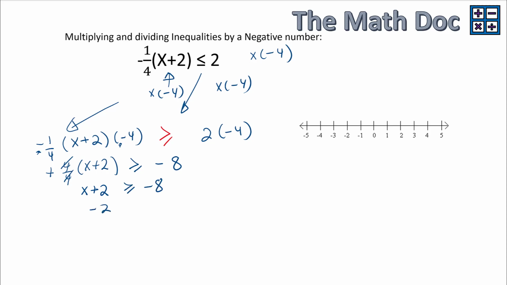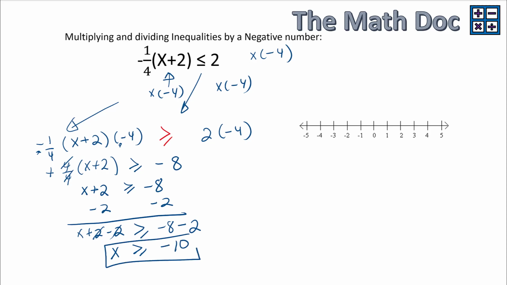Now we'll subtract 2 from both sides, and we have x plus 2 minus 2 is larger or equal to negative 8 minus 2. The 2 2's here cancel, so we have x is larger or equal to negative 8 minus 2. We're making it even more negative, so it's negative 10.